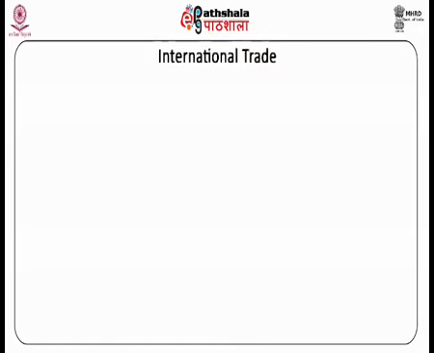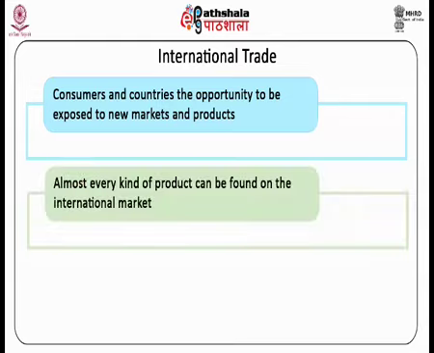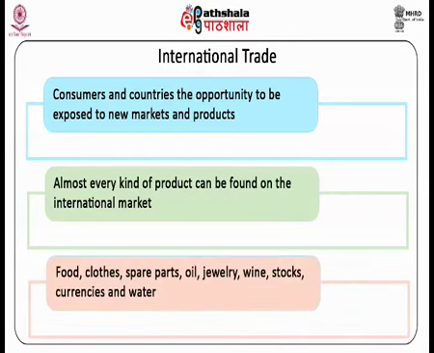Trading globally gives consumers and countries the opportunity to be exposed to new markets and products. Almost every kind of product can be found on the international market: food, clothes, spare parts, oil, jewelry, wine, stocks, currencies, and water.